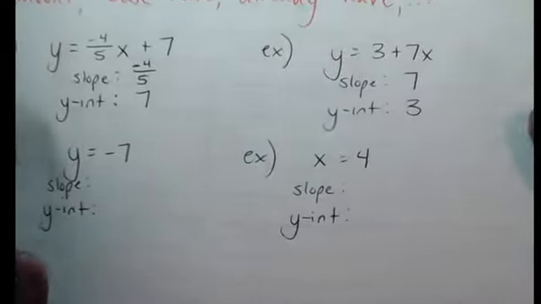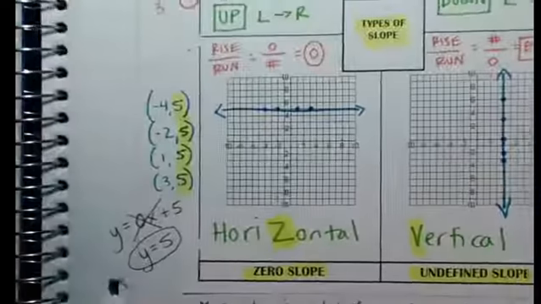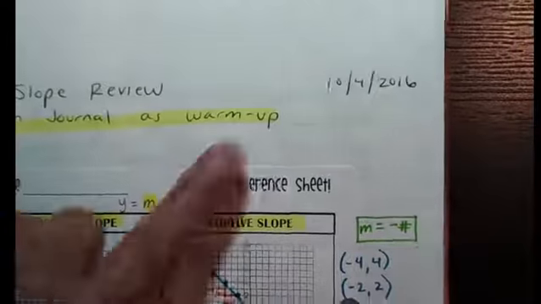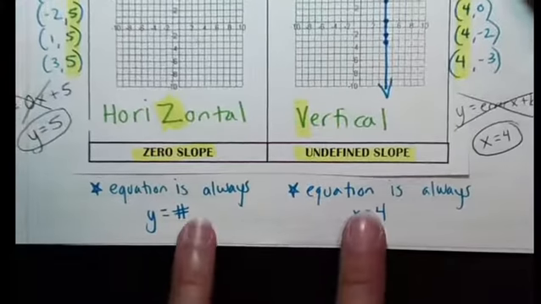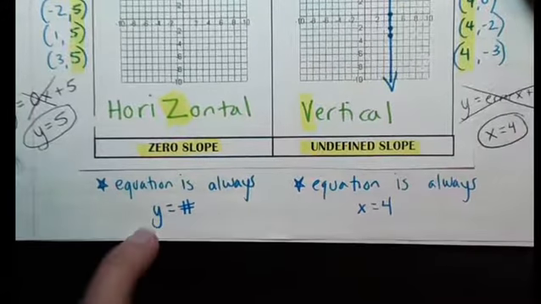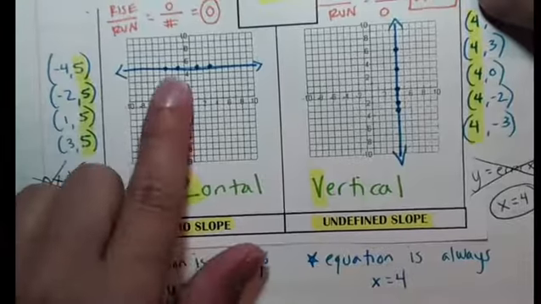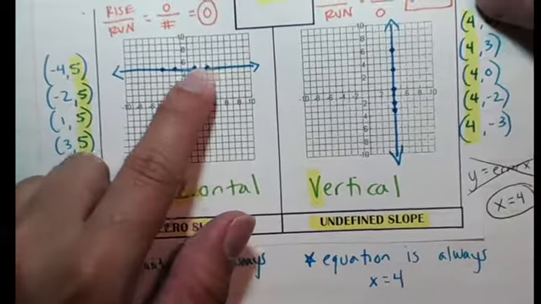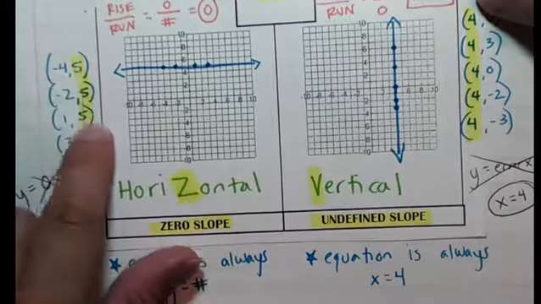If you recall back in your notes, when we talked about the slopes and the y-intercepts, we identified 4 slopes in our review. This is from October 4th. If I look at the bottom, remember we have the equation that's always y equals a number and x equals a number. When it's y equals a number, that creates that horizontal line because all of these points have the same y value.